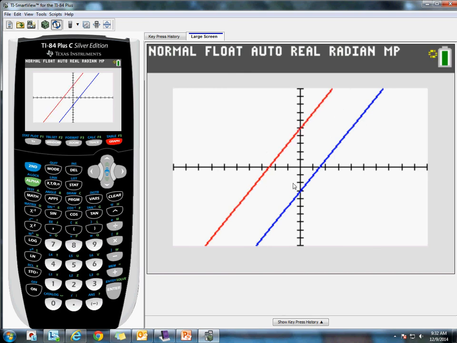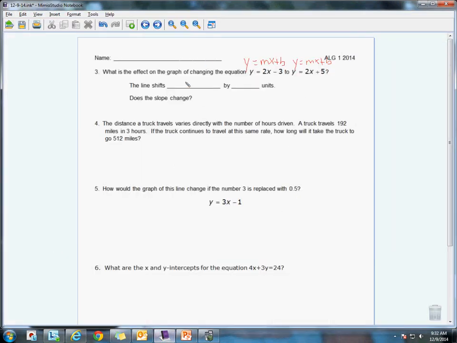So my slope stays the same. My y-intercept, though, went from negative 3 to positive 5. So it shifted up, and then you can count how many units. So you went 1, 2, 3, 4, 5, 6, 7, 8. So here we can fill in the blanks. The line shifts up by 8 units.